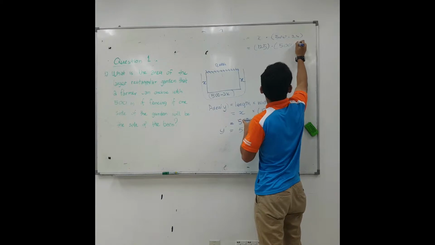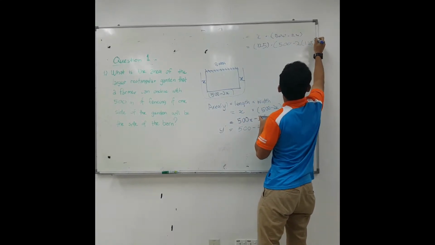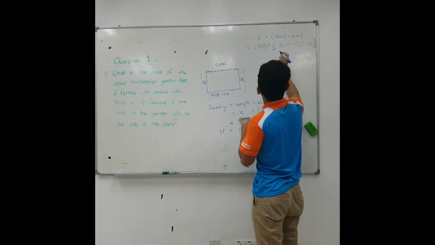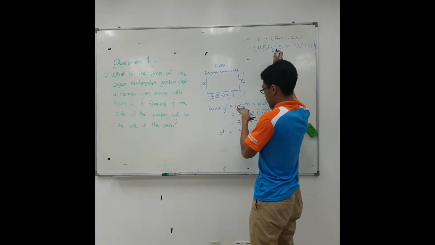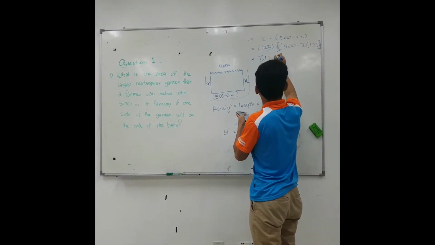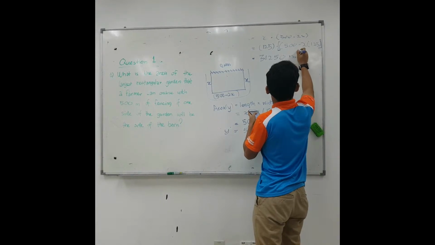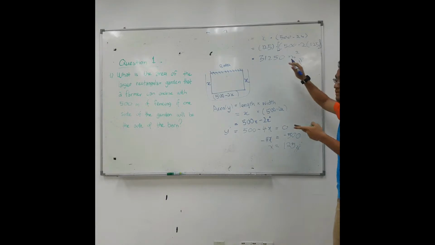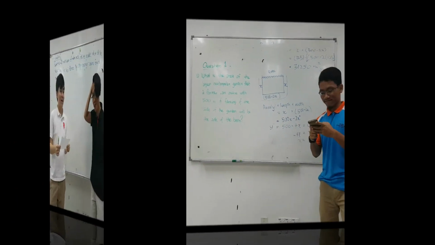Then the final answer is 31250 meter square. That's the area. So this is the final answer for this question 1. Okay, that's it.